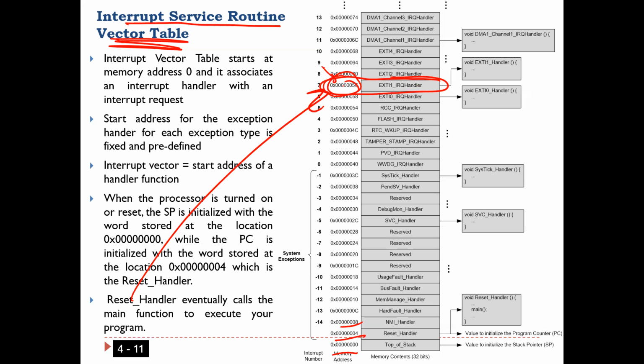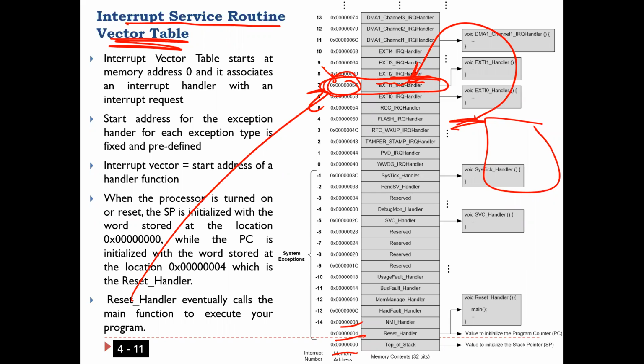What is not fixed is that you have to store the beginning address here. You can put the subroutine anywhere in the memory, but you have to store the beginning address here. You got what I'm saying? So for every interrupt source, there is a fixed location in memory. Every time there is an interrupt, you can put the interrupt subroutine anywhere in memory, it's up to you.